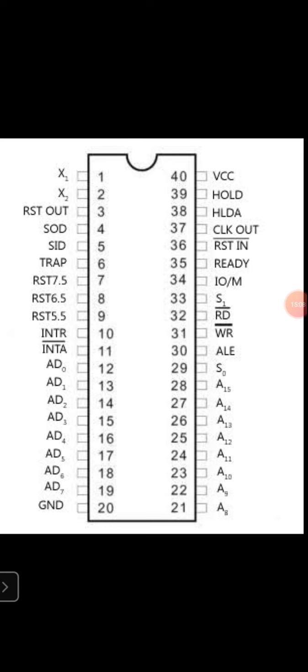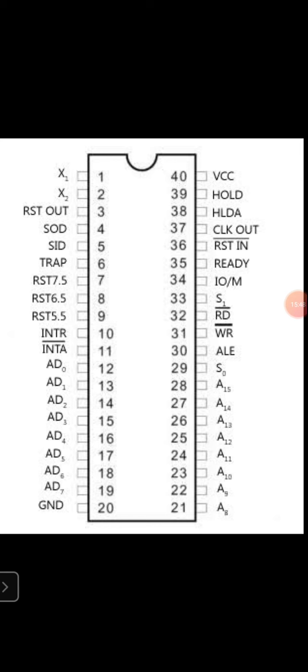Next, coming to the pins, most important are the set of interrupts. How many interrupts are there? 5 interrupts. What is meant by an interrupt? Any obstruction or disturbance occurring during the continuation of the program, or any time space required for our application.